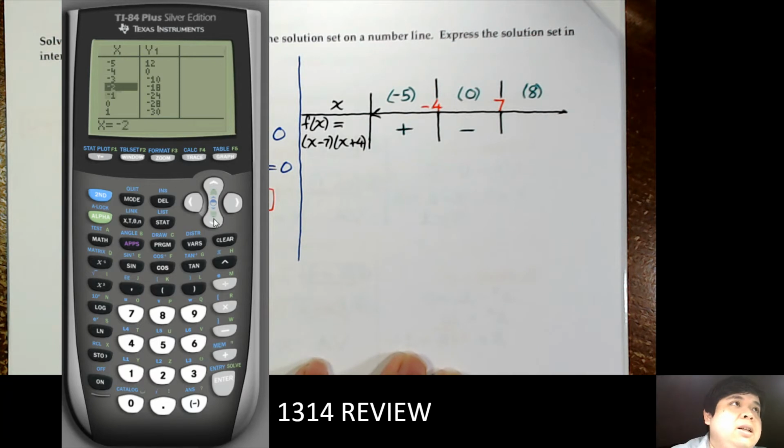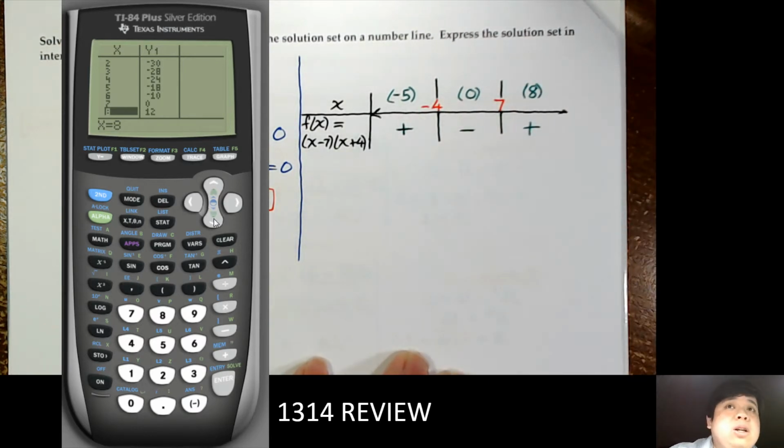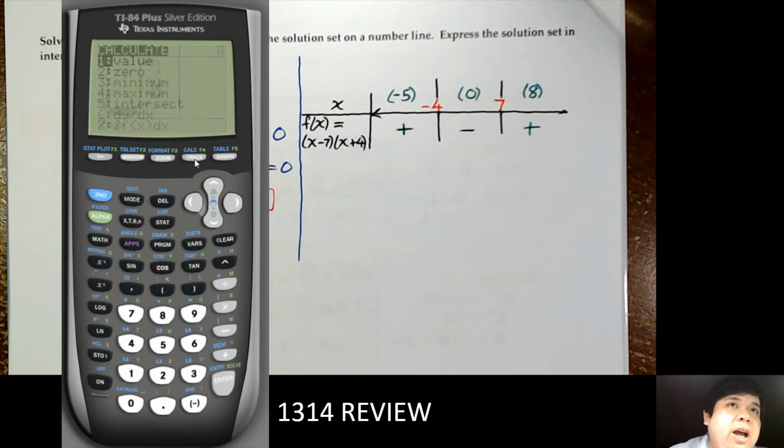And then 8, it is positive. Either we look up in the table like that, or we can just hit second, calculate, and whatever we enter here for x, the calculator will give us y.